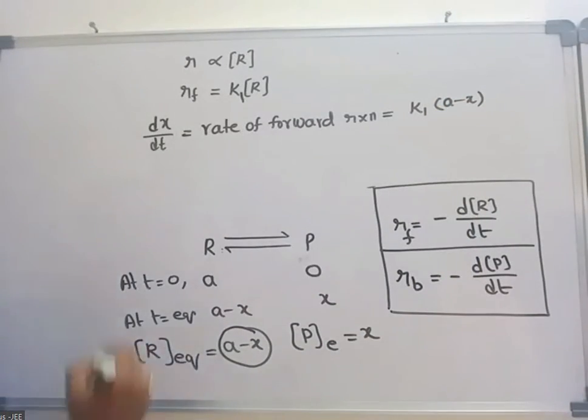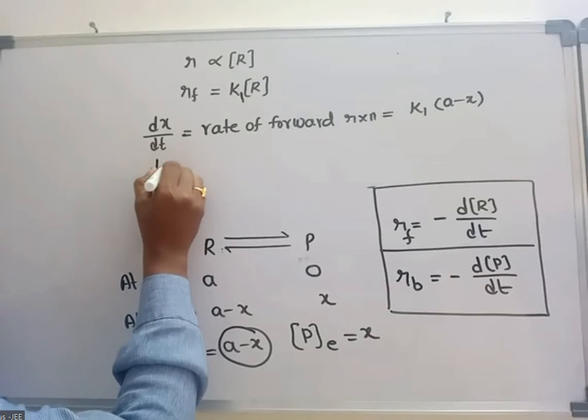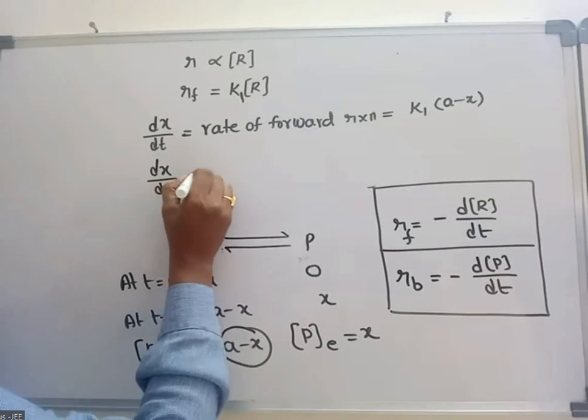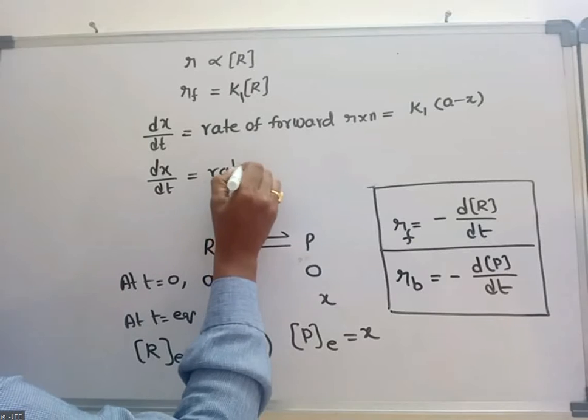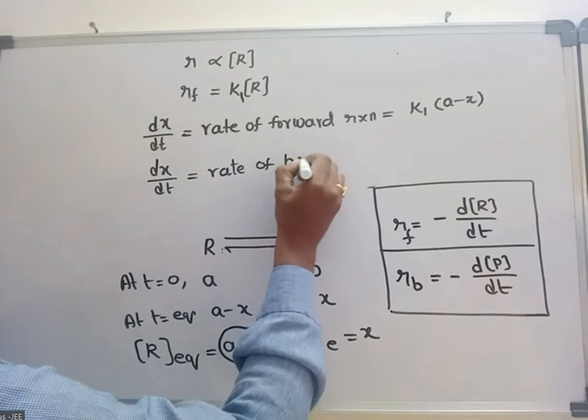d of X by dt is also equal to the rate of the backward reaction.